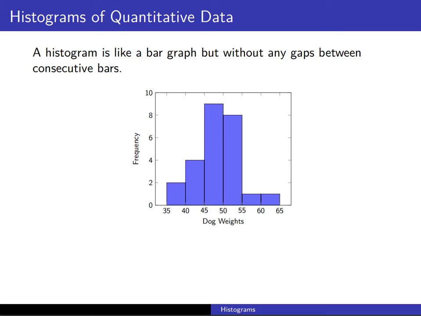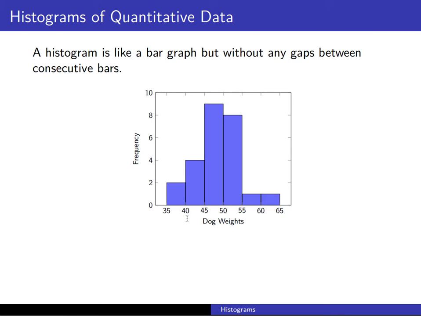Looking at our histogram here that represents the weights of, I believe, about 25 huskies from our previous section, we have dog weights between 35 to 40, 40 to 45, 45 to 50, etc. In each of these groups, any dog that is 35 pounds or more, but less than 40 pounds, will get counted in this first rectangle here, which we call a class.